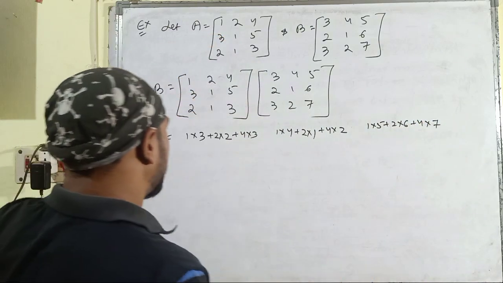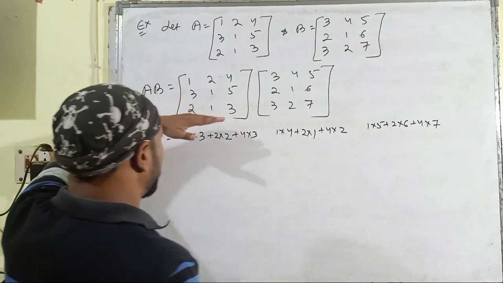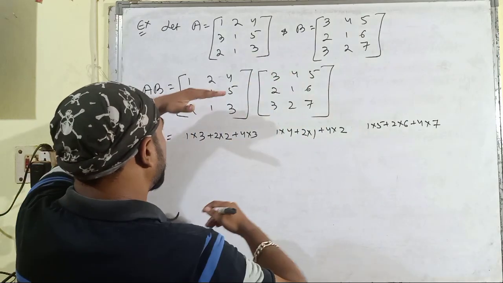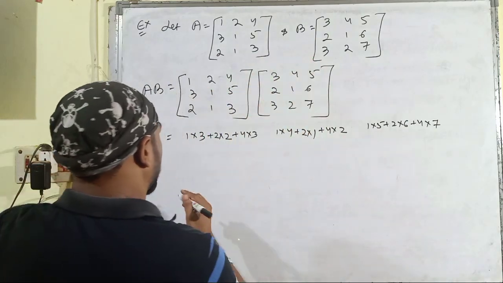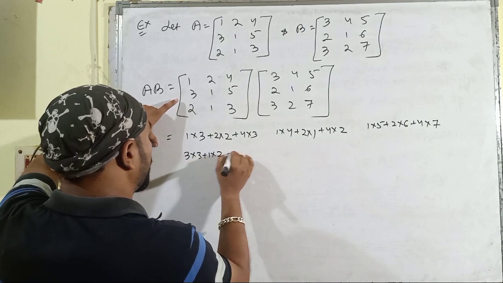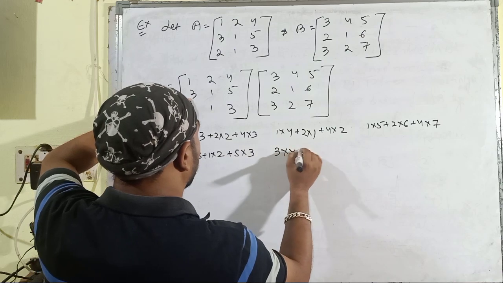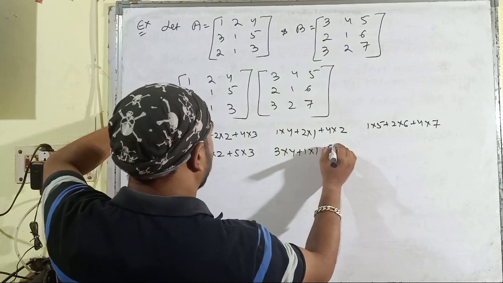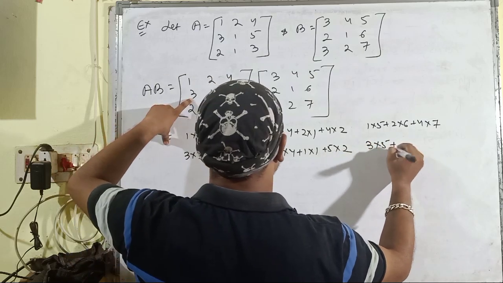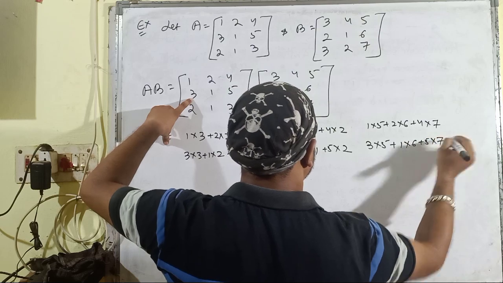Similarly, the second row elements are here 3, 1, 5, and we multiply the corresponding elements of the second row with the first column, then with the second column, then with the third column. So it will be 3 multiplied with 3 plus 1 multiplied with 2 plus 5 multiplied with 3. Then it is 3 multiplied with 4 plus 1 multiplied with 1, then 5 multiplied with 2. Then it is 3 multiplied with 5 plus 1 multiplied with 6, then 5 multiplied with 7.